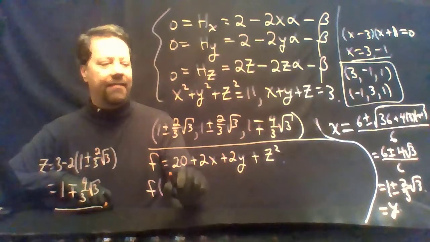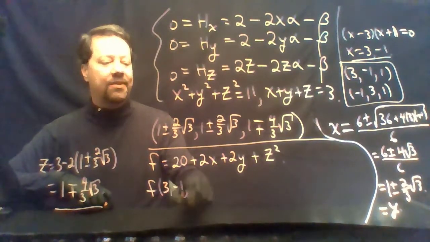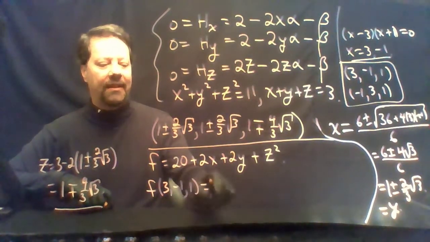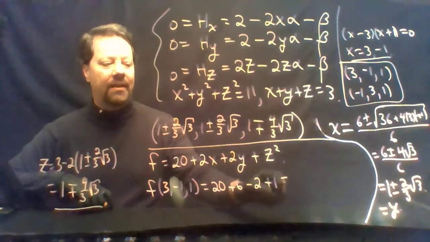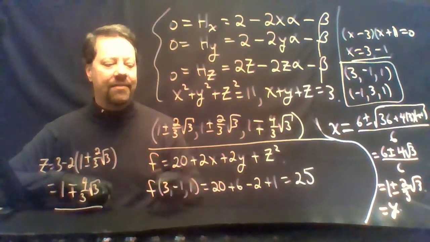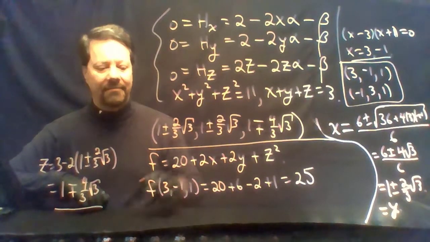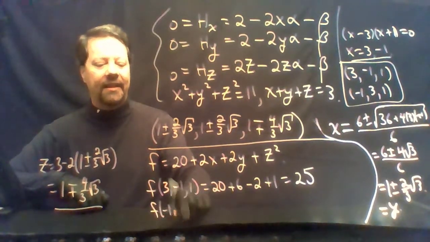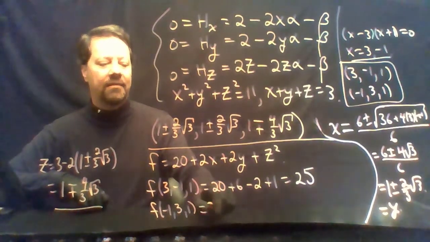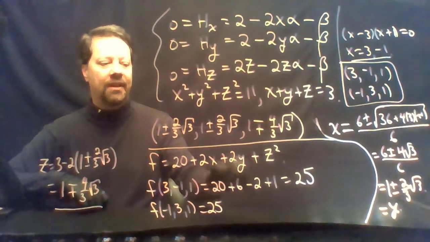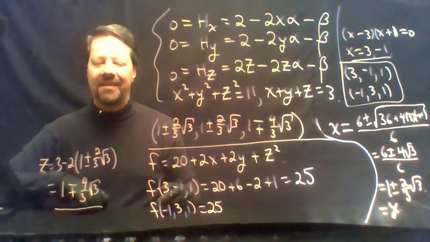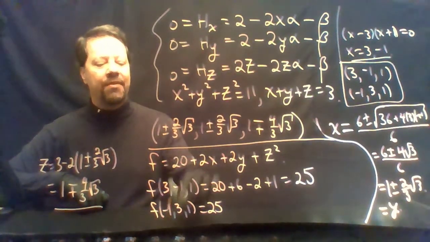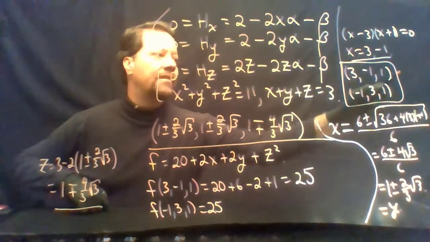If we evaluate f at 3, minus 1, 1, we'll have 20 plus 6 minus 2 plus 1. And that gives us 25. We'll get the same thing at negative 1, 3, 1. Switching 3 and negative 1 between the x and y will not change the outcome in terms of the computation. So both of these critical points give us a value of 25.